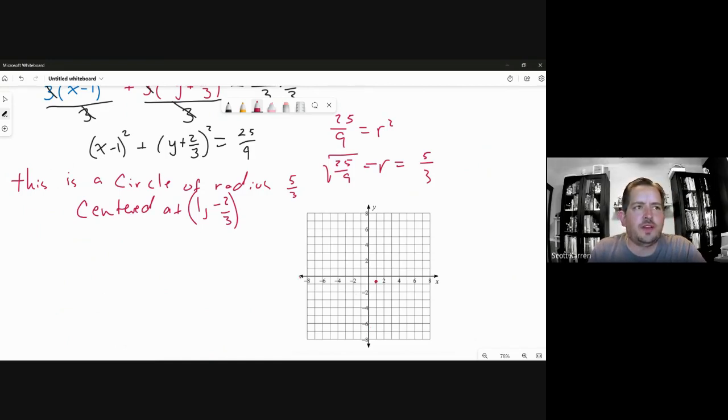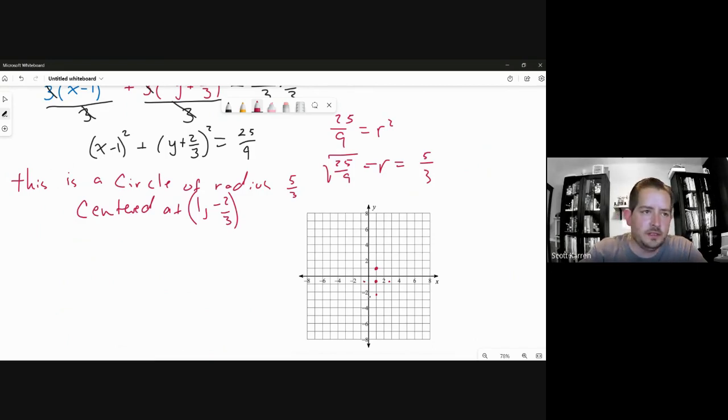I have a radius of 5/3, which is like 1 and 2/3, so 1 and 2/3 would be there, right? And then 1 and 2/3 down would be like right about there. And then 1 and 2/3 to the right would be there. 1 and 2/3 to the left would be there.